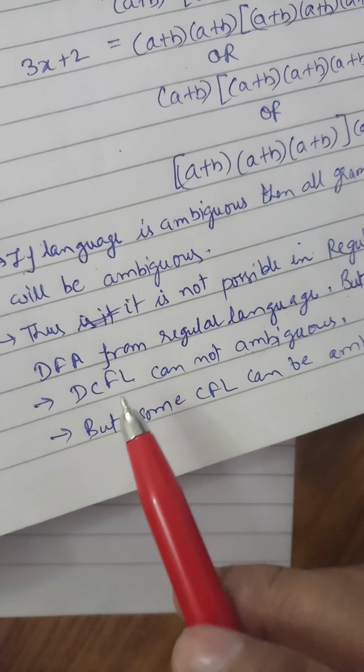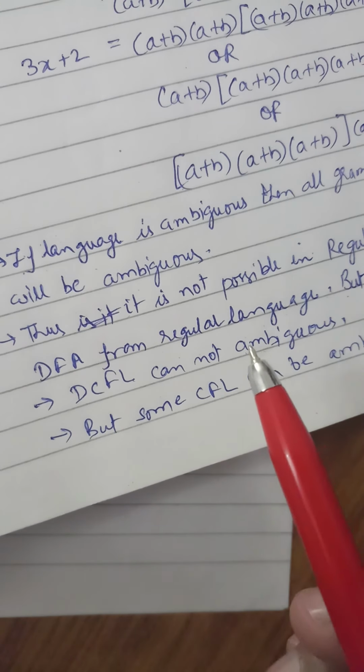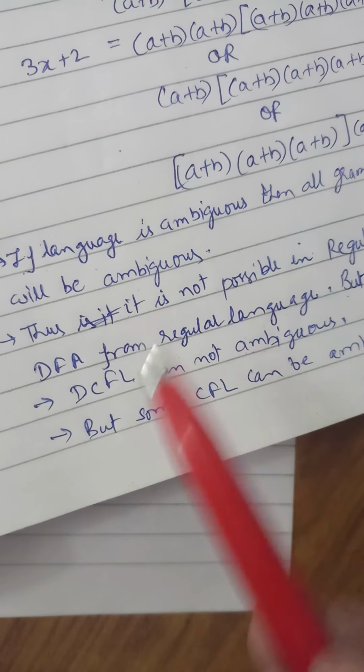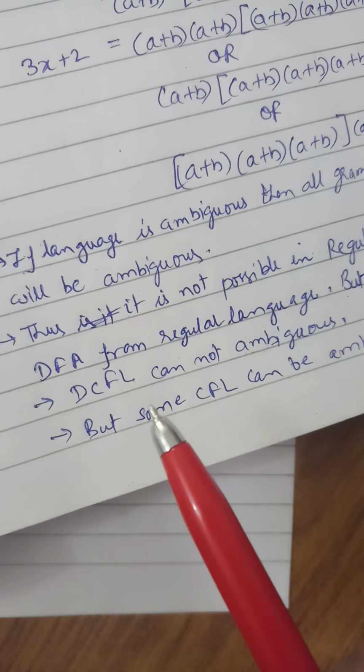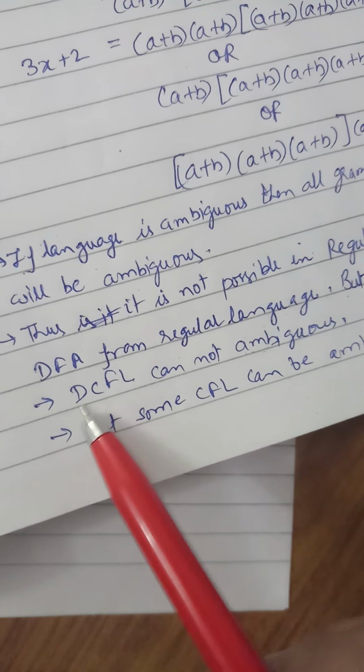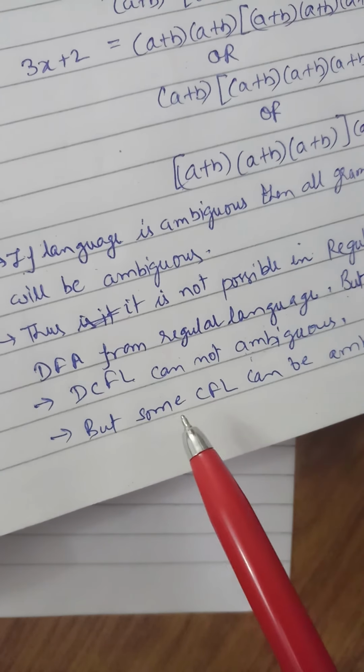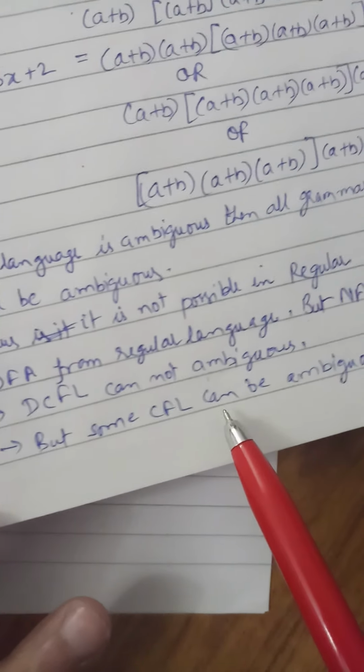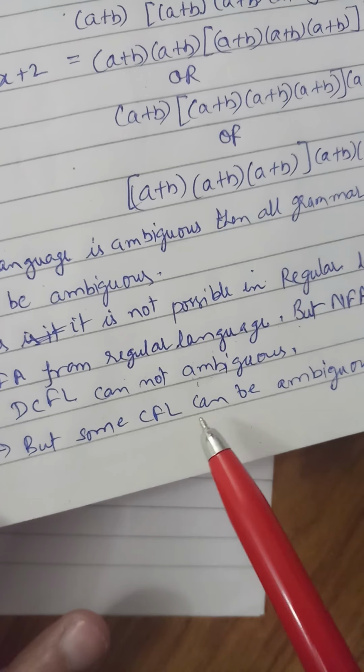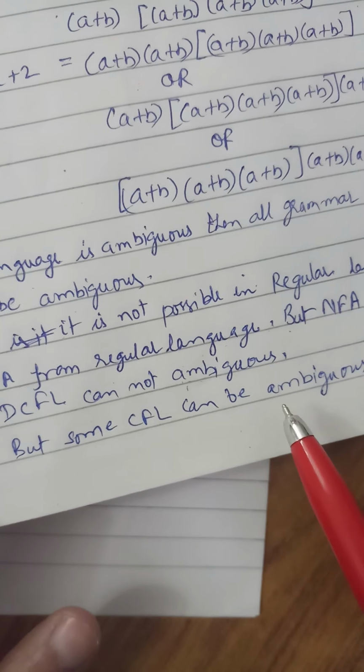Why? Because a DCFL, as we know, lies between regular languages and CFLs, that's why it cannot be ambiguous. But in CFLs we have some combinations, so some CFLs can be ambiguous.